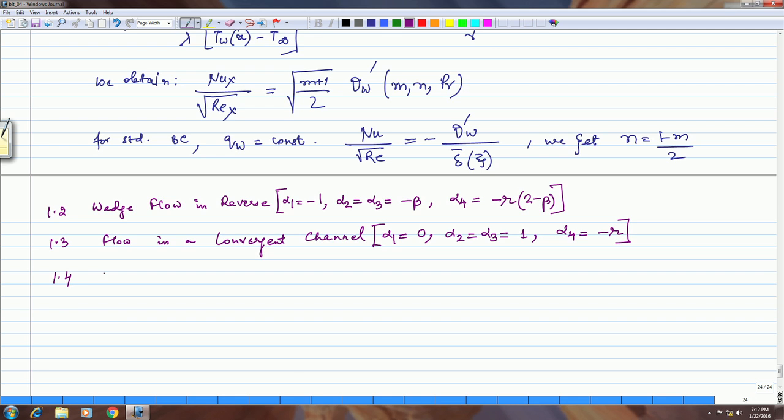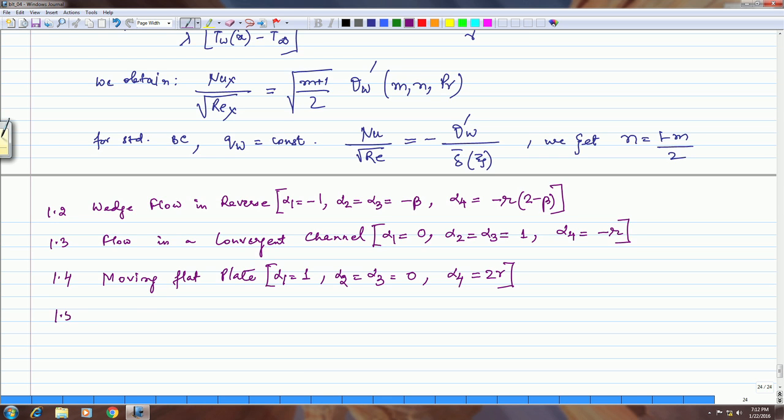Moving flat plate. If you had a moving flat plate, alpha 1 is 1, alpha 2 is alpha 3 is 0, and alpha 4 is 2n.